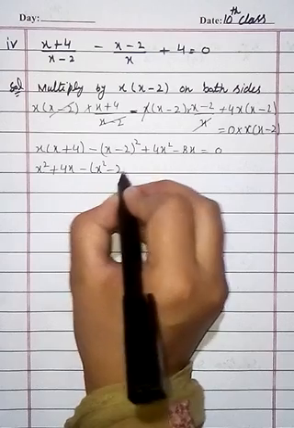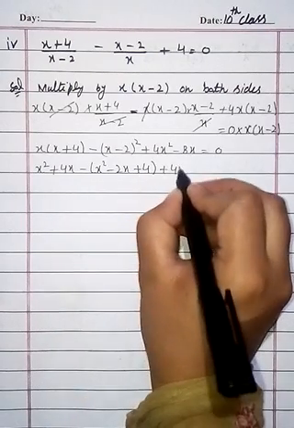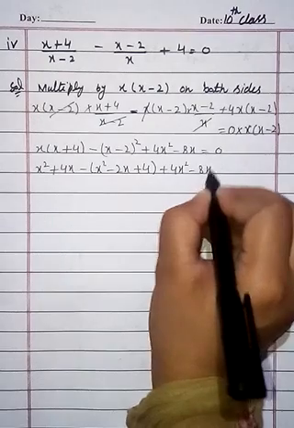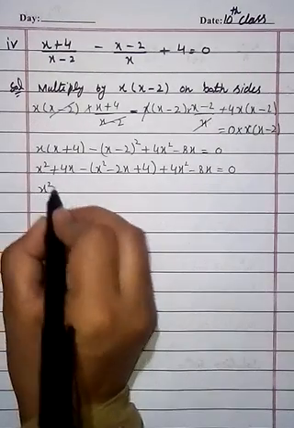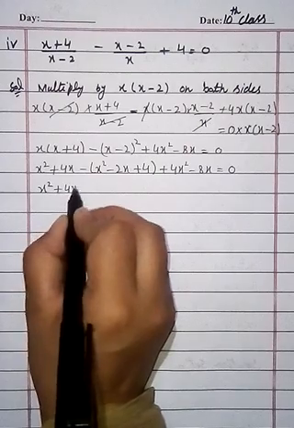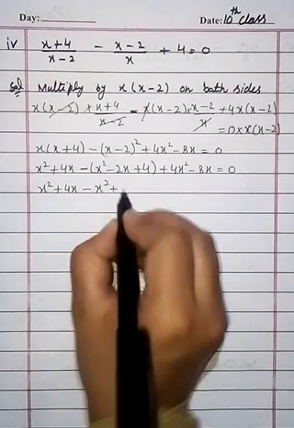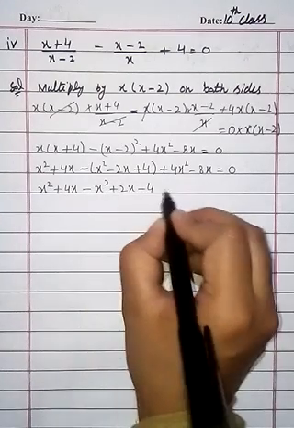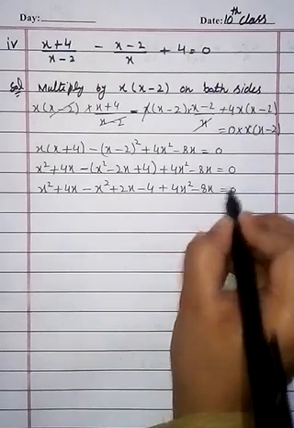So x square minus 2x plus 4. Now plus 4x square minus 8x written as it is, equals 0. Now x square plus 4x, outside is minus, so the inside signs will be changed when you open the bracket: plus 2x minus 4, plus 4x square written as it is, minus 8x equals 0.